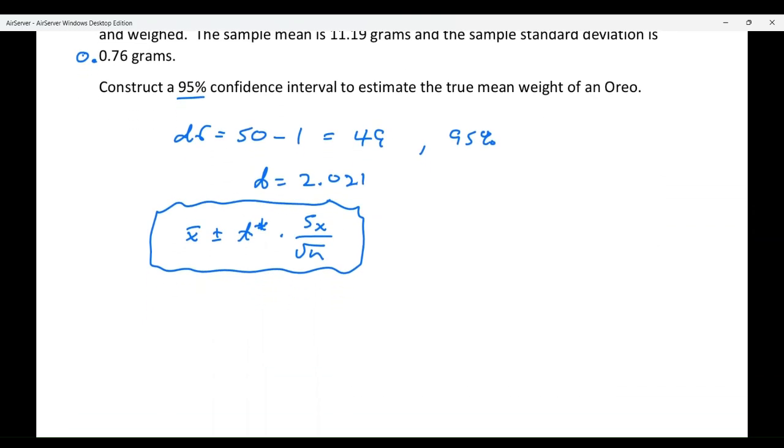So in this case, we're going to take 11.19. That's the mean weight of our sample, plus or minus 2.021 times 0.076 divided by the square root of 50.